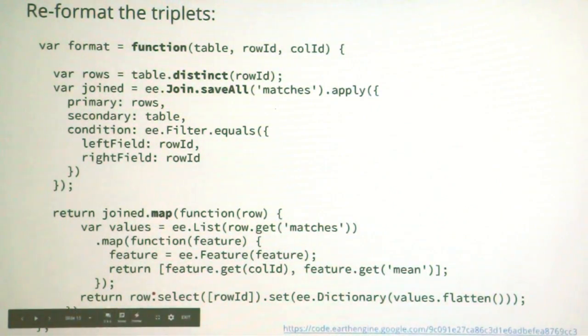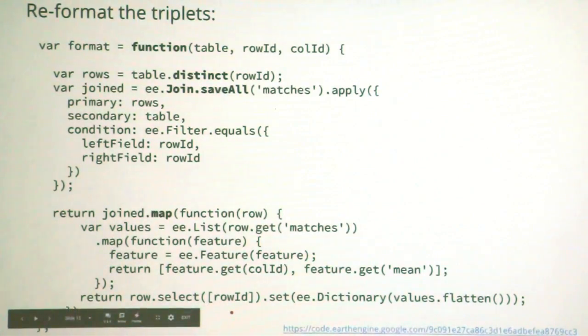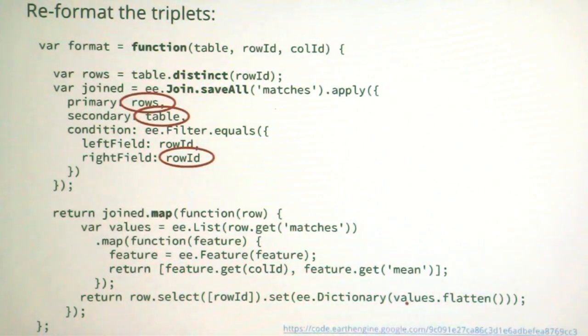What we're then going to return from this outermost map is the row with the row ID, and here's the magic part. There's some magic that I forgot about. The primary is the row, secondary is the table, there's the row ID, there's the row ID again.